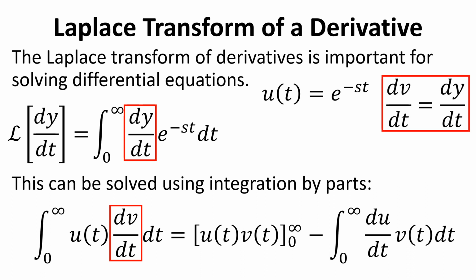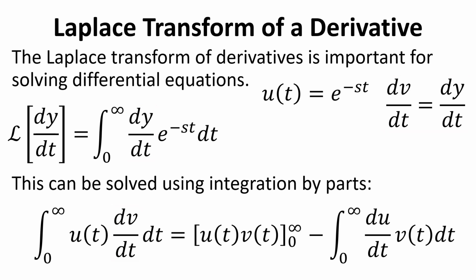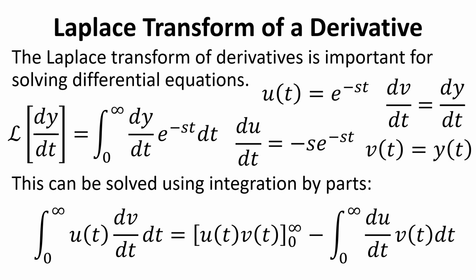Now we need to differentiate u of t. So we get du by dt equals minus s e to the power of minus st. We also need to integrate the dv by dt. So we just get the function v of t equals y of t.